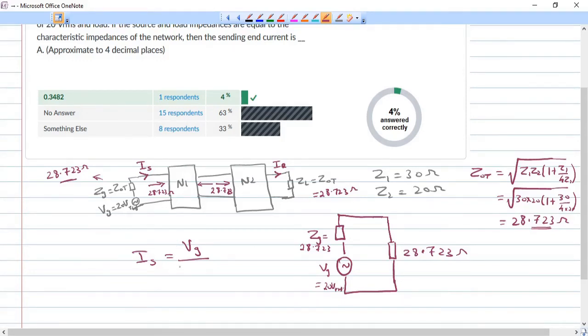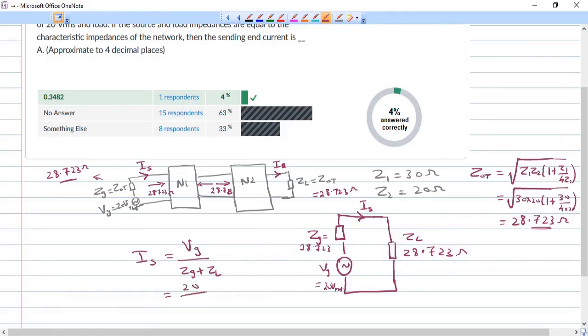So Is is equal to Vg upon Zg plus ZL. This is the current that is going to flow into the network, that is the source current.